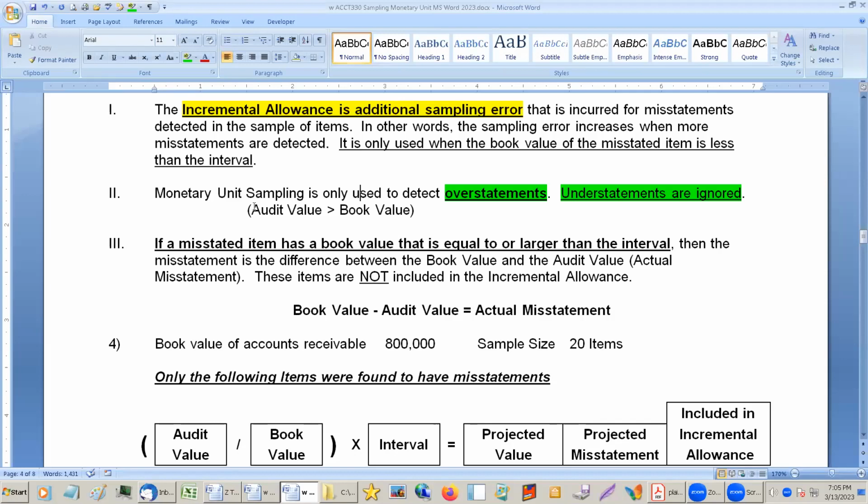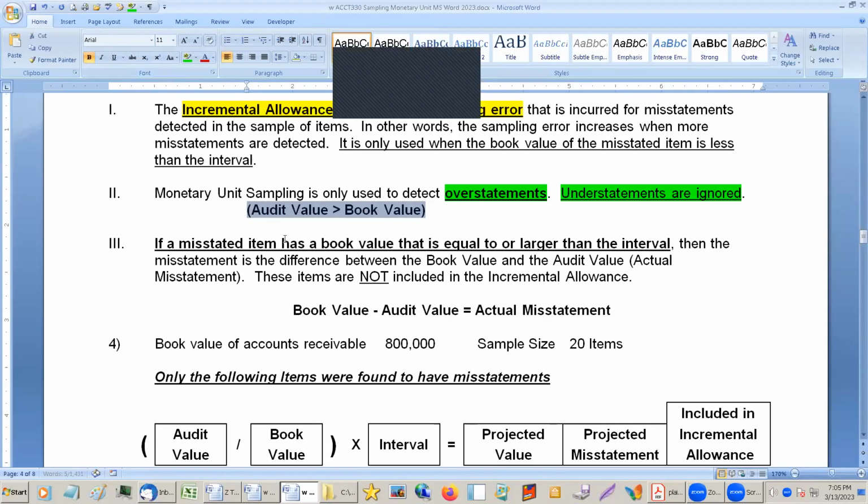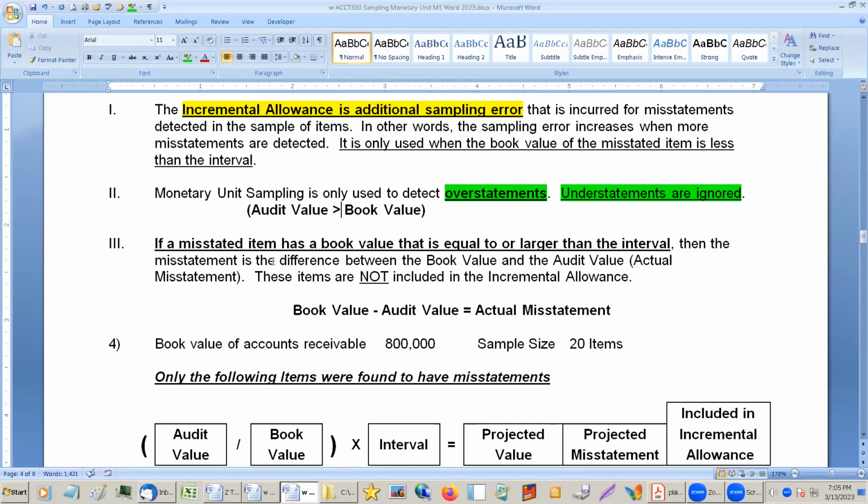Well, if it's an understatement, according to this method, it's not wrong. It's only looking for overstatements. And if it doesn't find an overstatement, everything's fine. So understatements are ignored, which again, as an auditor, when you do find something that's wrong, to ignore it kind of goes against your grain. So if the audit value is greater than the book value, we ignore it.